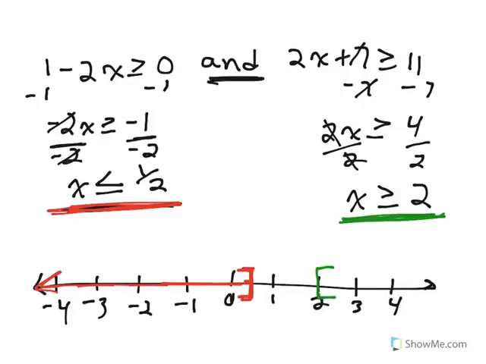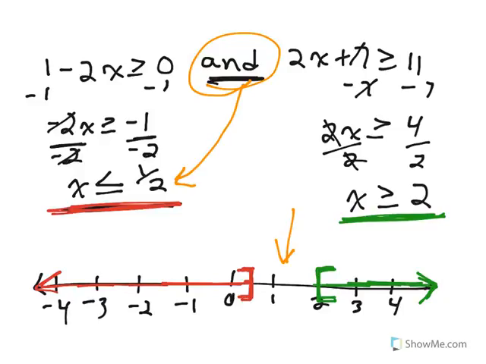Again, because of the equal sign, we use a bracket, and we shade this side. And notice there is no overlap at all. The word "and" means to find all solutions that make both inequalities true. Since there is no overlap, that means there is no solution.